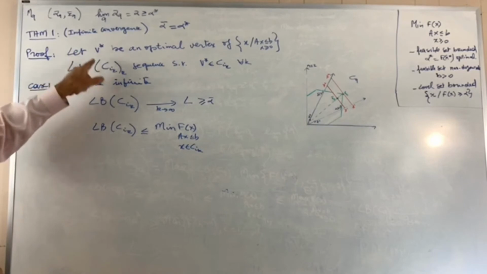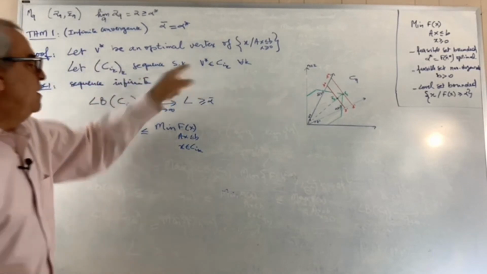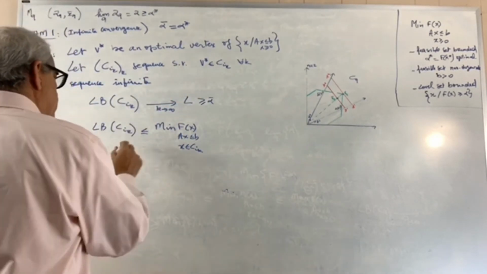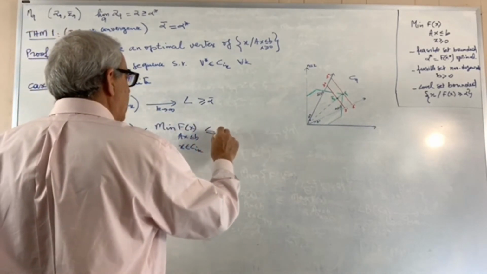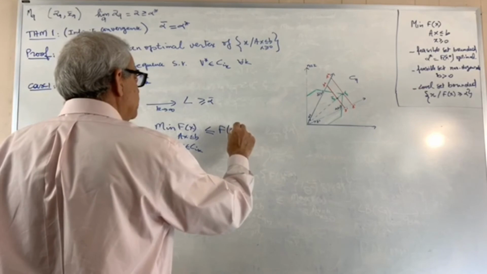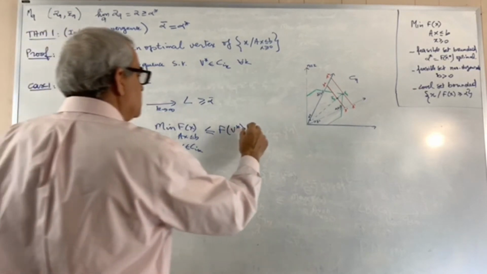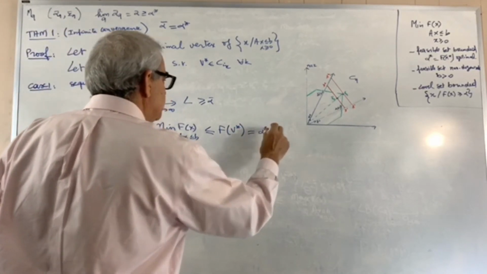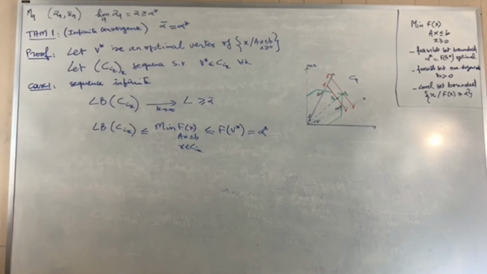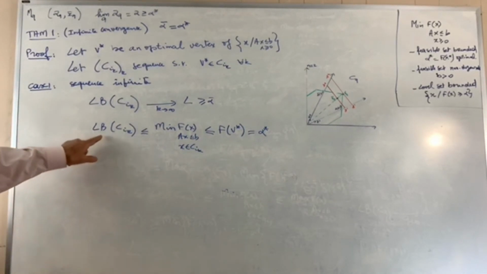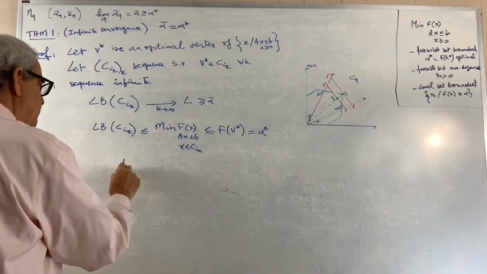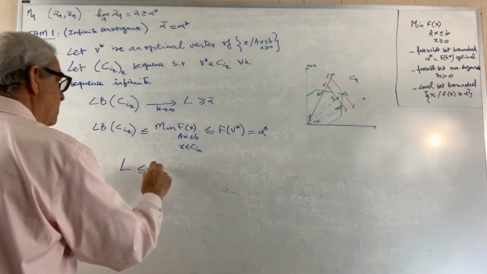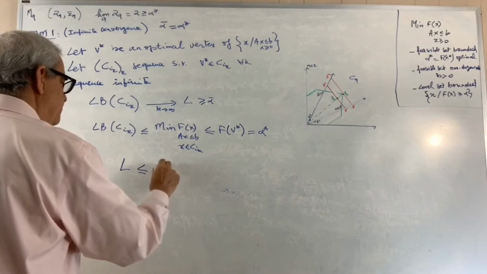But V star belongs to C_{i_k}, so this minimum is less or equal to f of V star, and V star is optimal, so this is equal to alpha star. Taking the limit, I get L less or equal to alpha star.